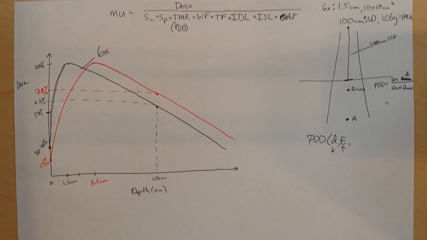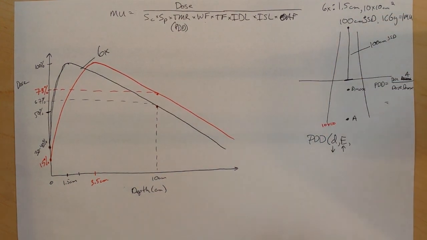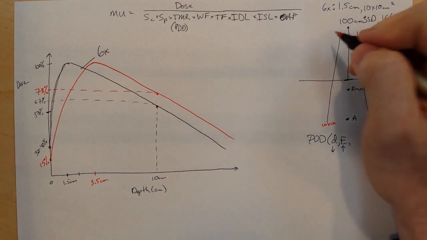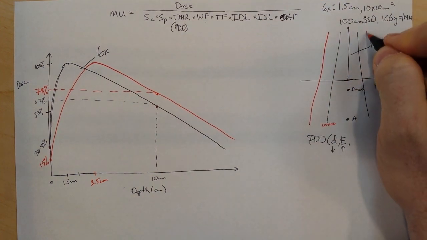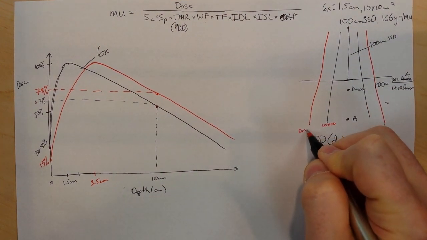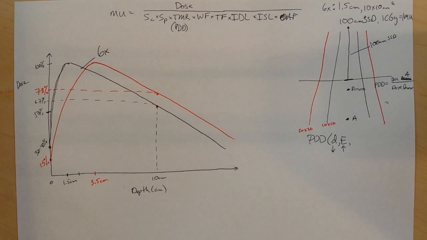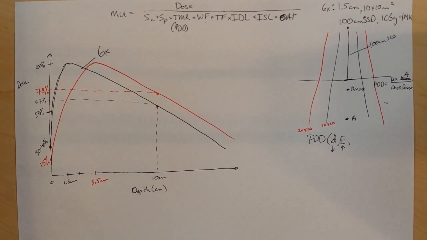What happens if I change the field size? Now, instead of a 10 by 10 field size, I have a larger field size, and we'll call it 20 by 20. So I've increased the field size from 10 by 10 to 20 by 20. Well, what happens to my percent depth dose?